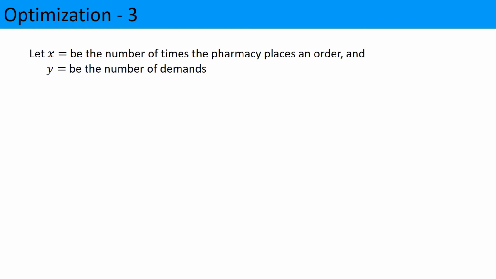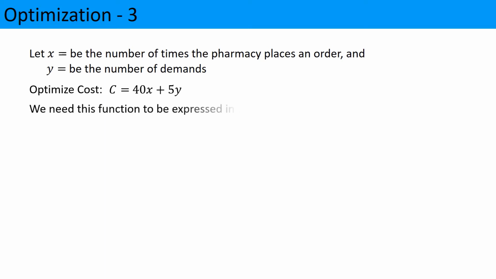X is the number of orders, Y is the number of demands. The goal is to optimize the cost, which is represented by C equals 40X plus 5Y. This is a function of two variables, X and Y, and we need this function to be expressed in terms of only one variable.